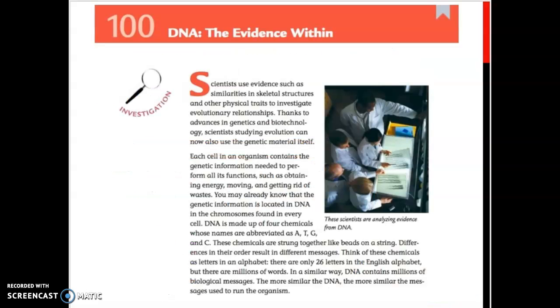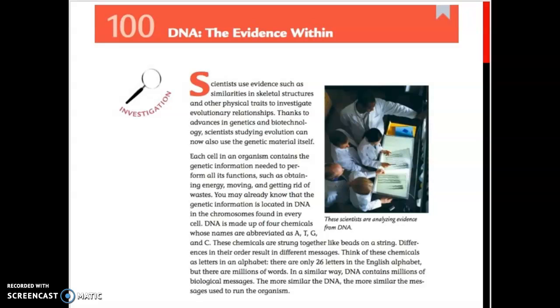And this is what your book would say. So scientists use evidence such as similarities in skeletal structures and other physical traits to investigate evolutionary relationships. Thanks to advances in genetics and biotechnology, scientists studying evolution can now also use the genetic material itself. Each cell in an organism contains the genetic information needed to perform all of its functions, such as obtaining energy, moving, and getting rid of wastes.